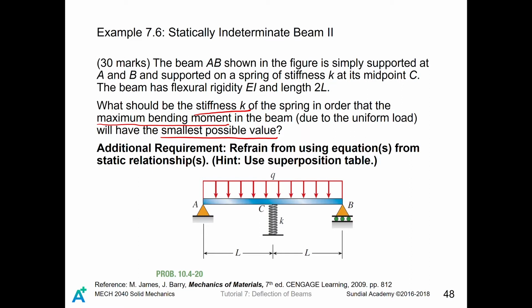For a beam, there could be moment inside it, something like this. I don't know how the moment in this problem looks, but we are going to minimize the maximum value of the moment inside the beam. To do that, we are going to find an optimal value of K, which is the stiffness of the spring.